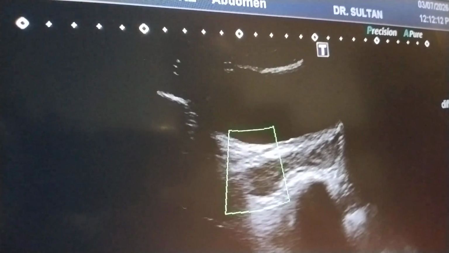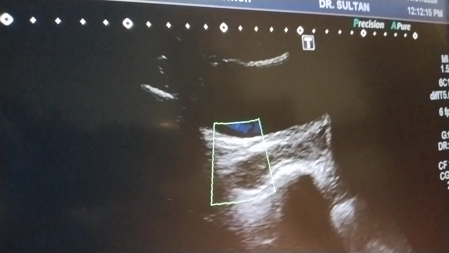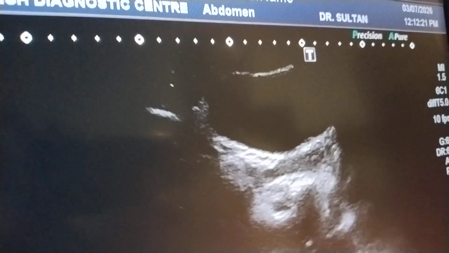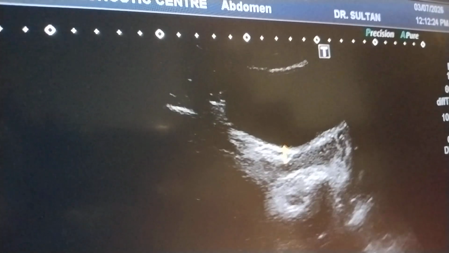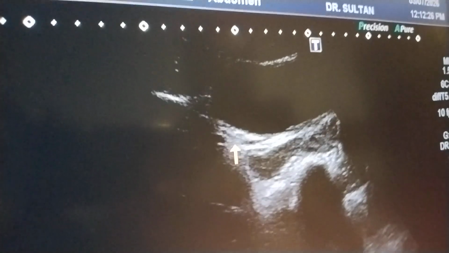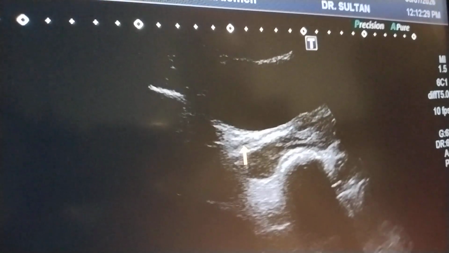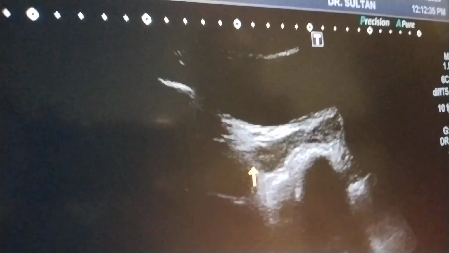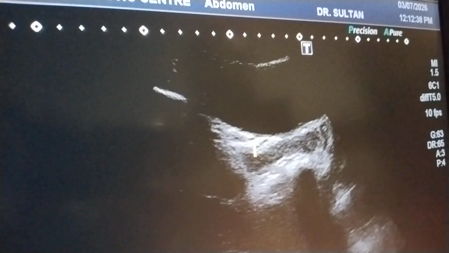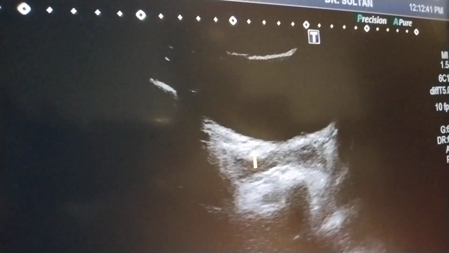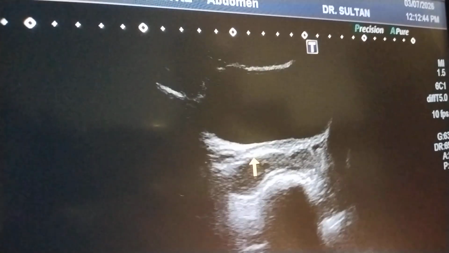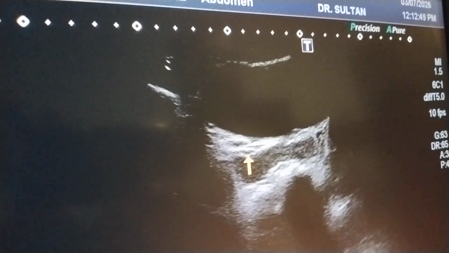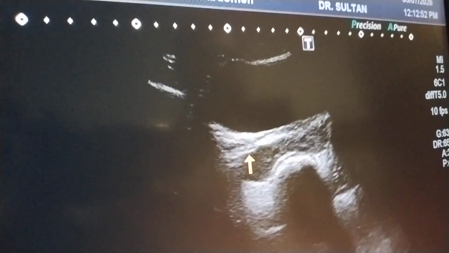I have also put the color, but it is so small that it is not giving a twinkle artifact either. Again we can appreciate the ureter here. This is a small stone which is trapped here. This was all about how to trace the right ureter. Thank you very much.